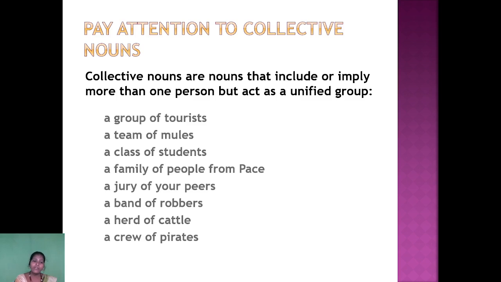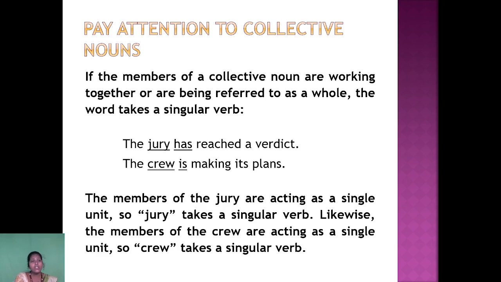A group of tourists, a team of mules, a class of students, a family of people from Paris, a jury of your peers, a band of robbers, a herd of cattle, a crew of pirates. If the members of a collective noun are working together or being referred to as a whole, the word takes a singular verb.